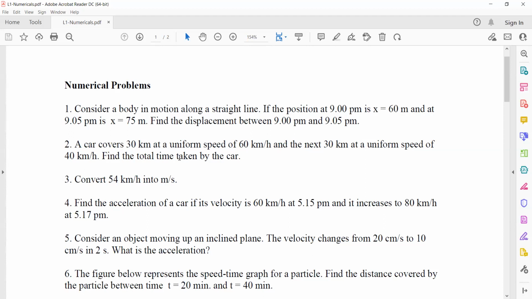Find the total time taken by the car. So the first 30 kilometers it covers at a uniform speed of 60 kilometers per hour, and the next 30 kilometers at a speed of 40 kilometers per hour. So what is the time taken by the car? Let us discuss this question.